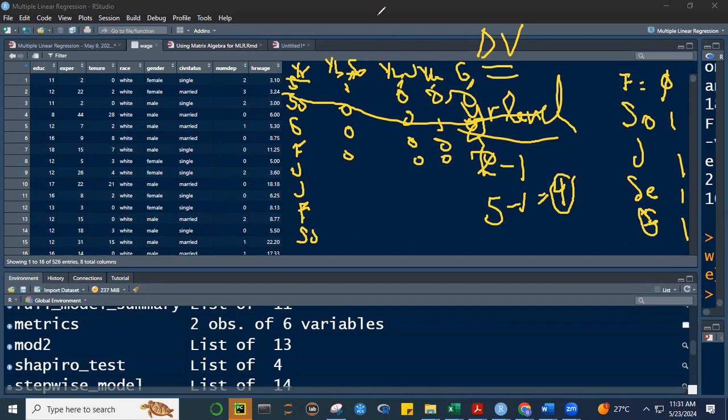Are all the levels accommodated? Are all the levels now present here? If we're introducing 4 dummy variables, are all the levels taken into consideration? May I see your chat if it's yes or no, please?